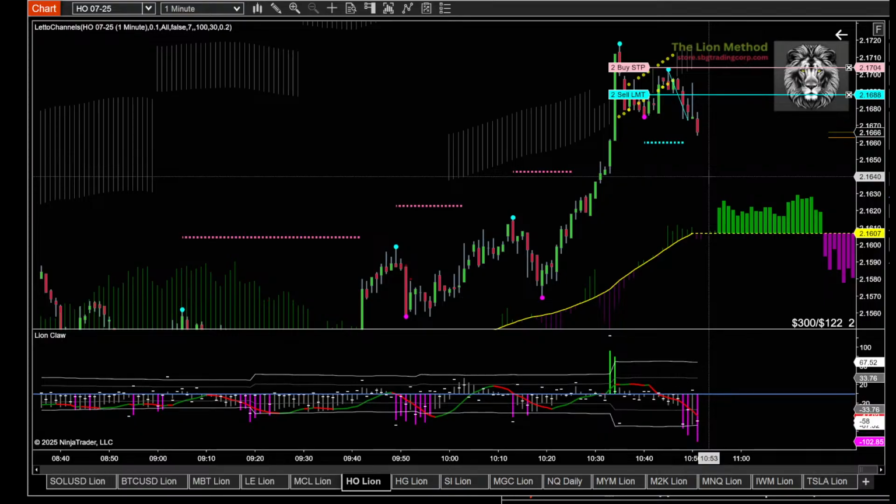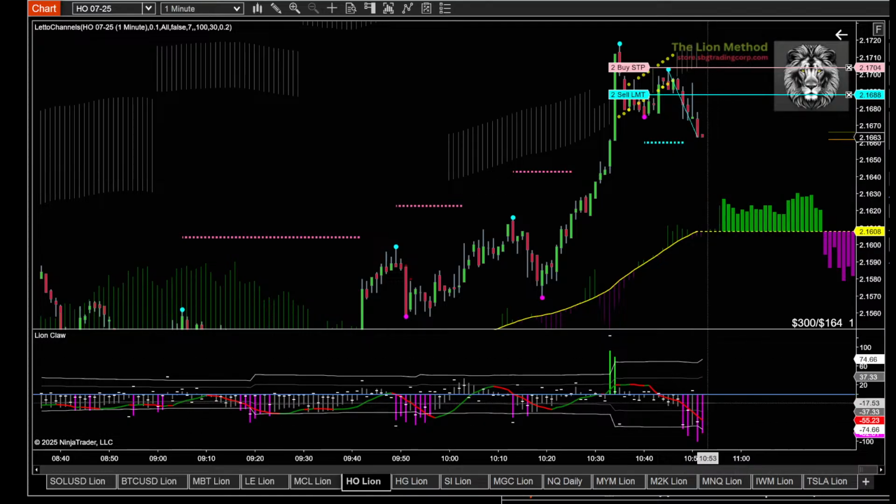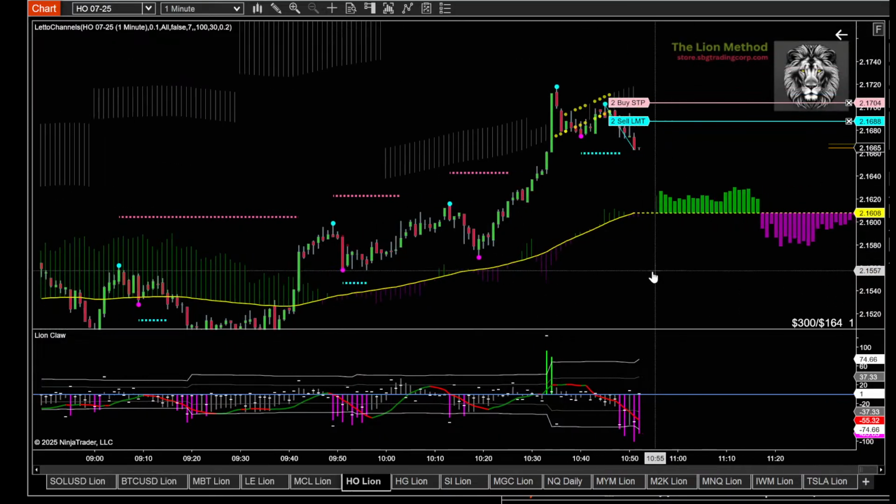It's kind of moving the wrong way without us. Definitely that net delta. That's what really got me. Net delta is going south here. Overbought, which is what we look for in the Lion system.